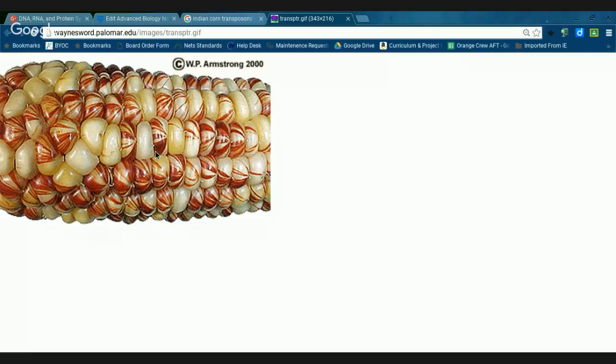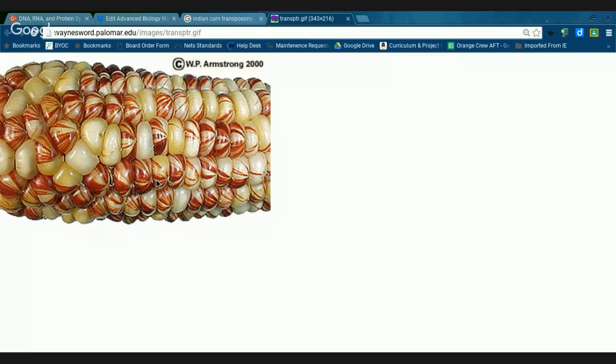So this area right here produced the purple pigment, normal genes. These cells right here have the transposed genes. So they aren't able to produce that purple pigment. So you end up with that netted or streaky appearance. So that's what transposons are.